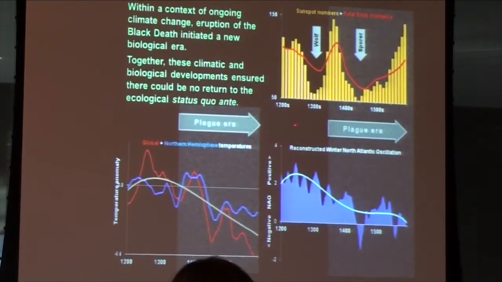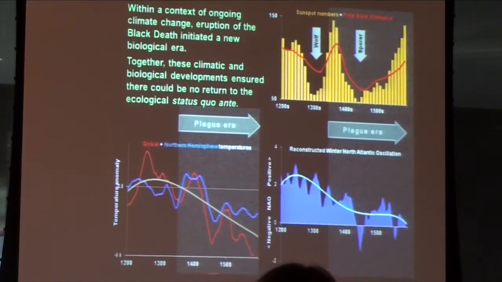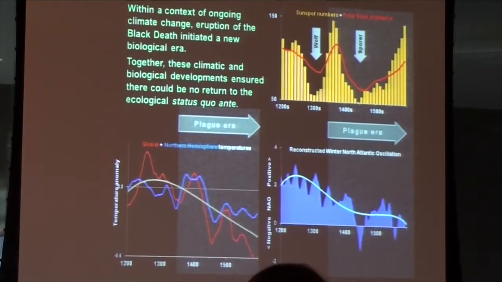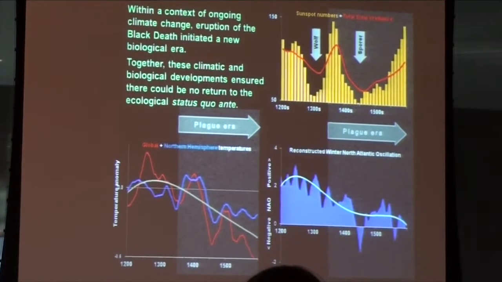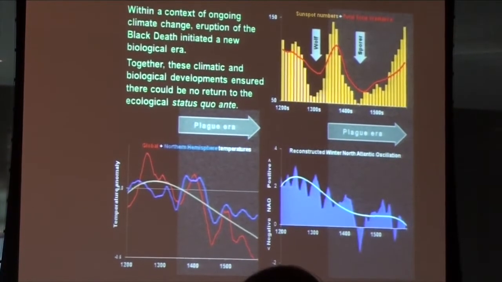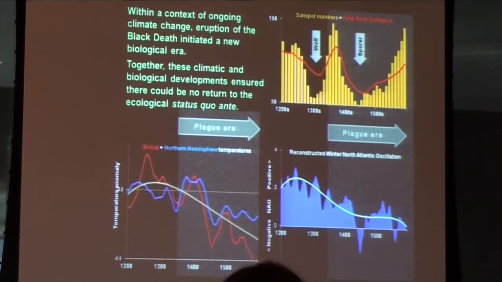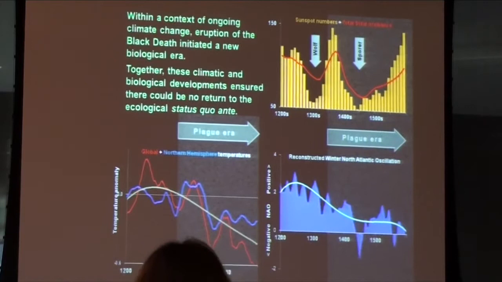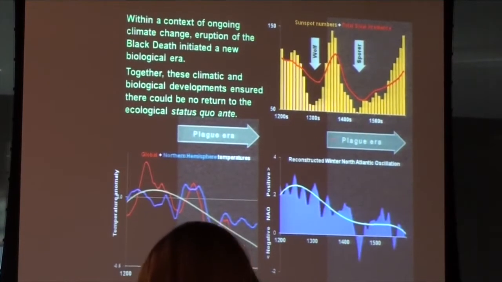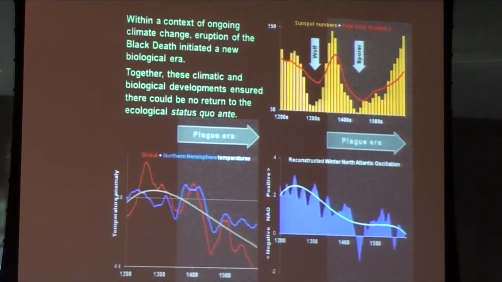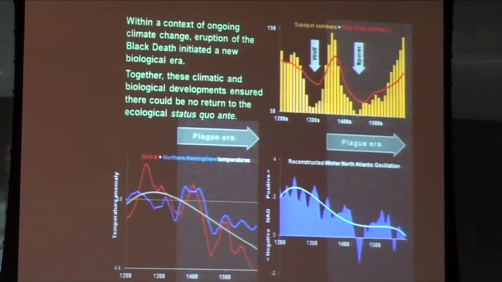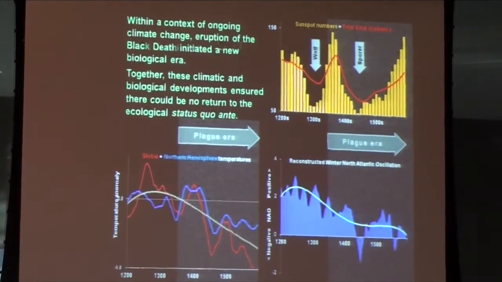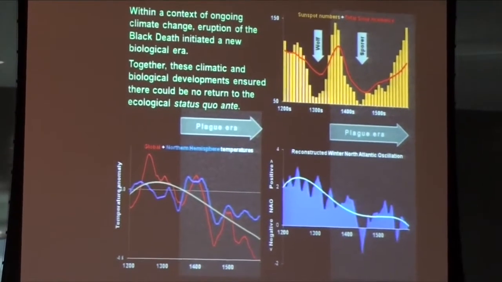So you can see all of them are moving into a period of continuing climate change, which there are now little ice age deniers, but most people would argue that what you're doing is moving away from the medieval climate anomaly into a different climate system. And that different climate system from 1346 is also a different biological system. So this ensures that there is no return to the ecological status quo ante. You do not get back to the environmental conditions that have prevailed before, ever.